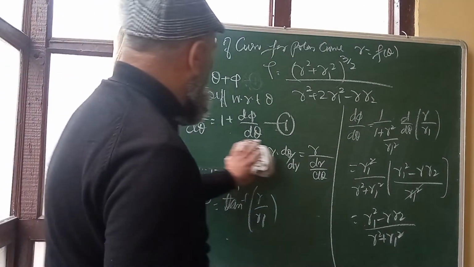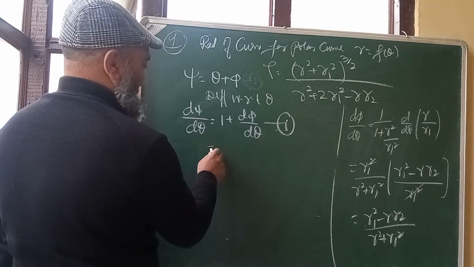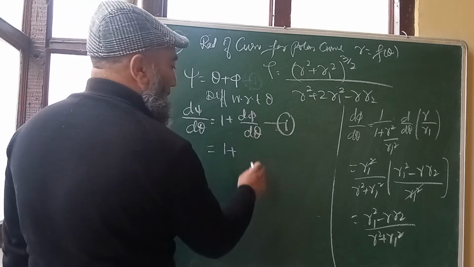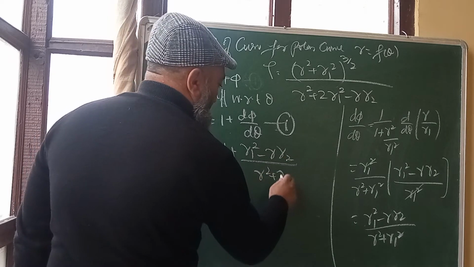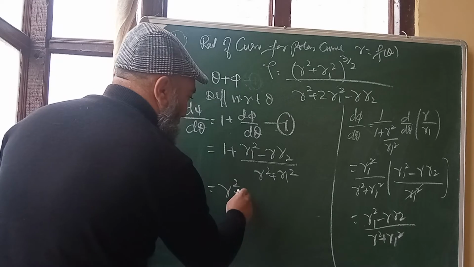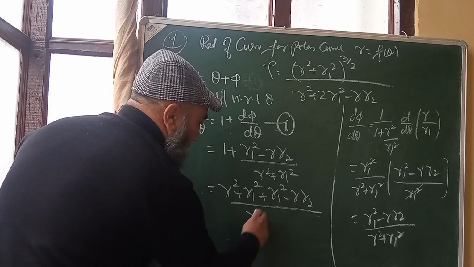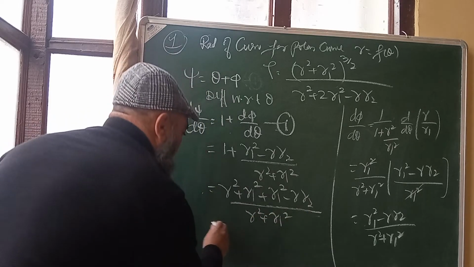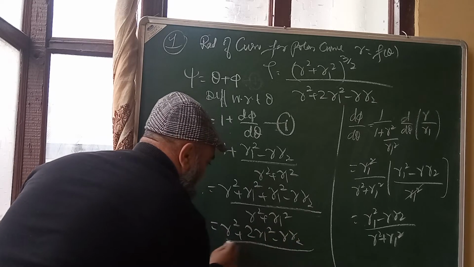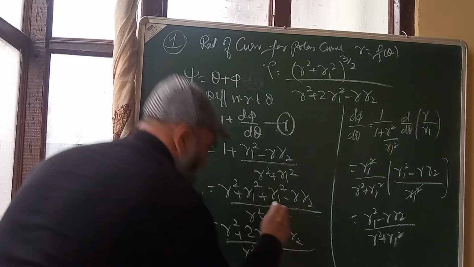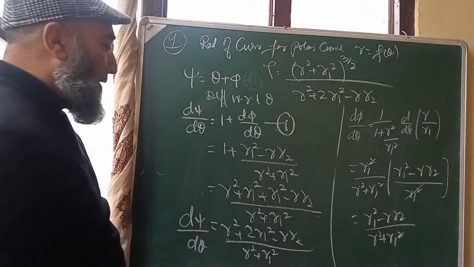Hence from 1, d psi by d theta is equal to 1 plus d phi by d theta, which is 1 plus (r1 squared minus r r2) over (r squared plus r1 squared). So this is (r squared plus twice r1 squared minus r r2) over (r squared plus r1 squared). This is d psi by d theta. Fine.